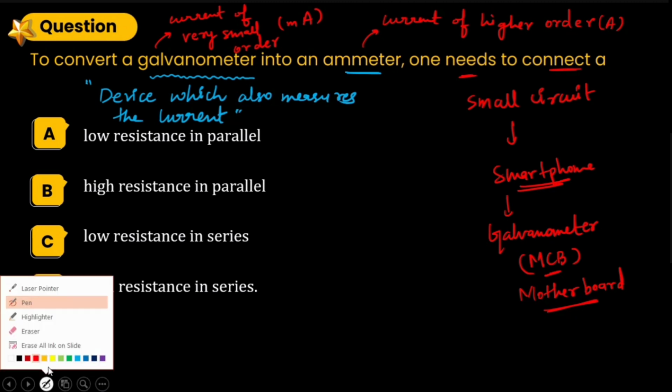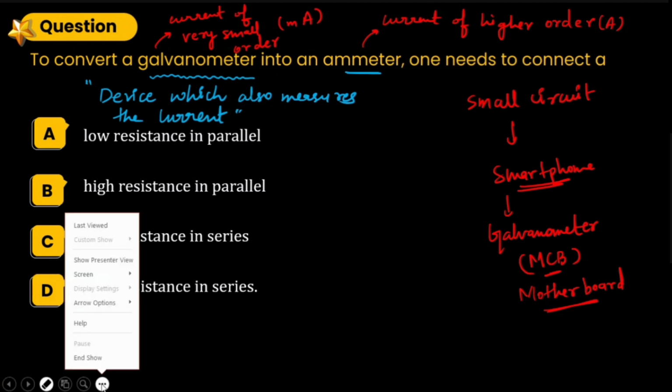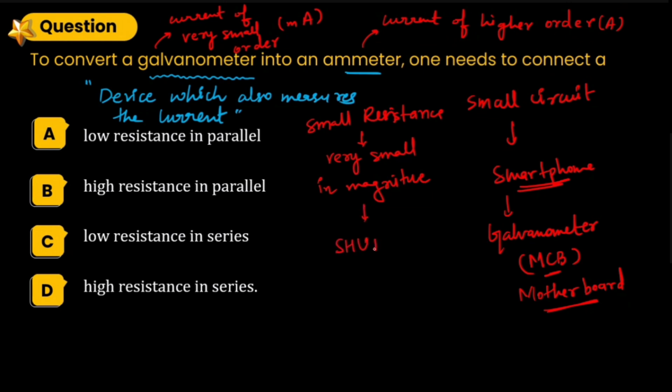Now there is a condition whenever we are converting a galvanometer into an ammeter. We need to connect a small resistance, which is very small in magnitude, of a very small order, and that resistance is sometimes called a shunt.